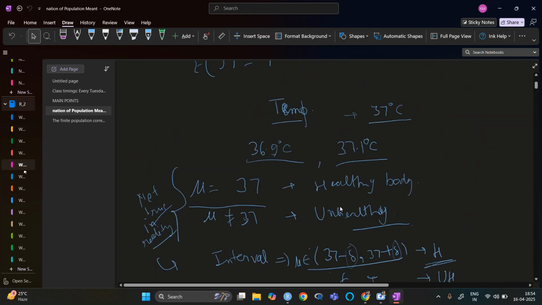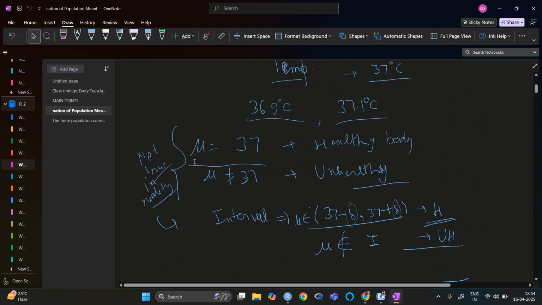Let's say we have H naught as mu equal to 37, which is a healthy body, and mu not equal to 37, which is unhealthy. Now, if someone's body temperature is 36.9 or 37.5, that is also healthy. But according to this, it will say unhealthy because it is not equal to 37.